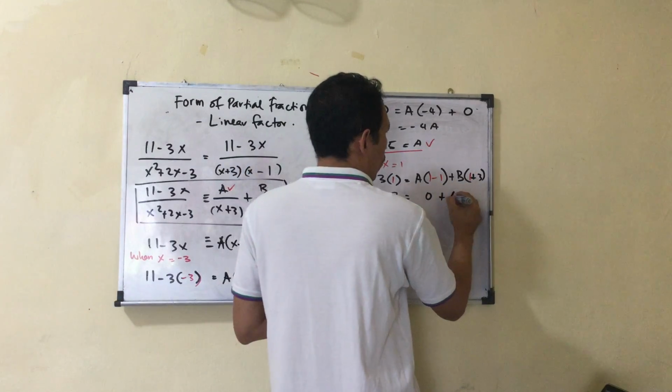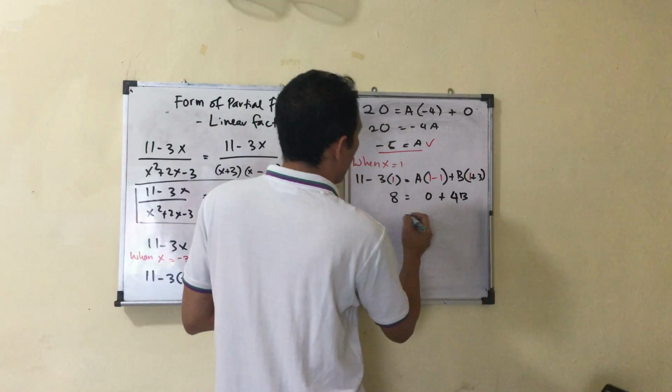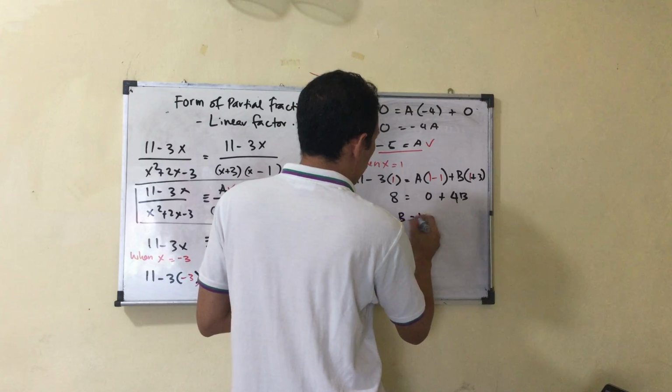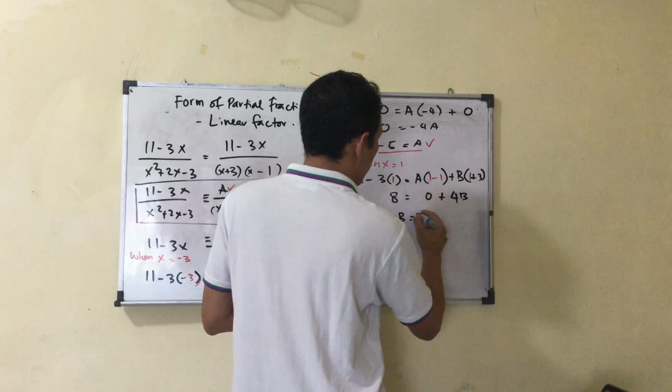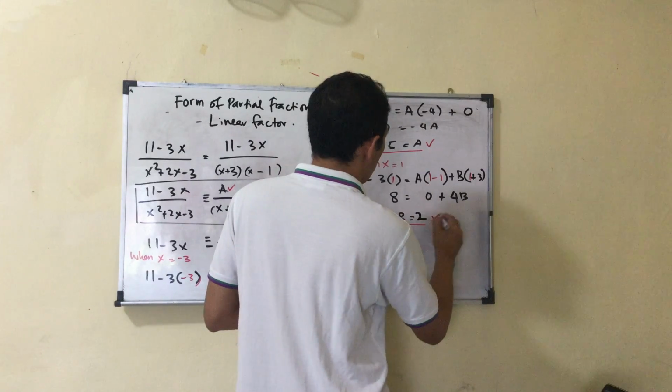So 11 minus 3 is 8. So you get 8 equal to A times 0 plus B times 4, which is 4B. So B is equal to 8 divided by 4, which is 2.